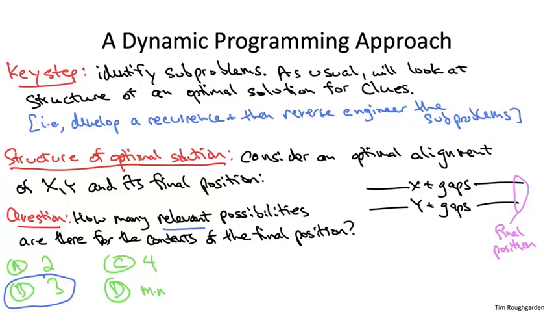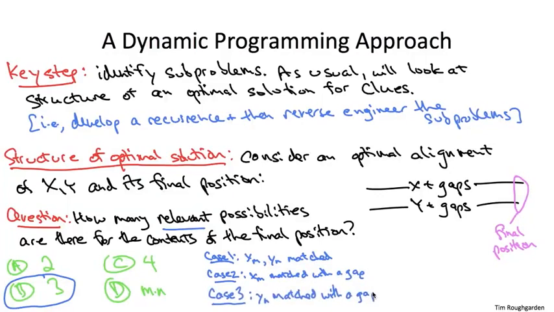So that leaves exactly 3 cases. It could be there's no gaps at all, that in fact this alignment matches the character little x sub m with little y sub n. Or it could match the final character of capital X with a gap. Or it could match the final character of capital Y with a gap.